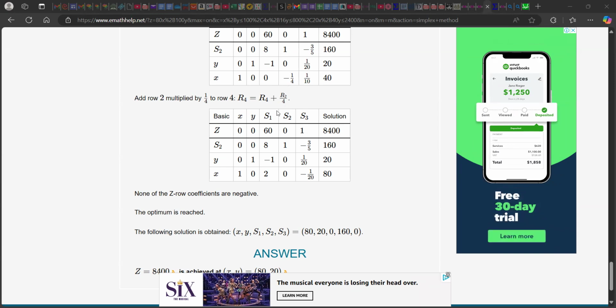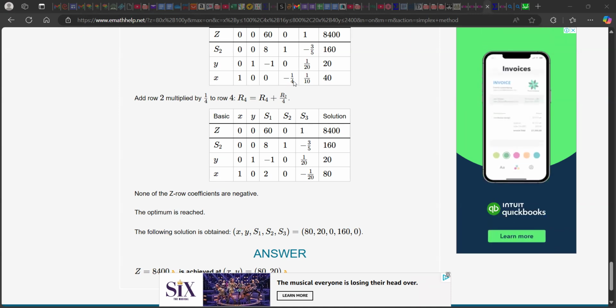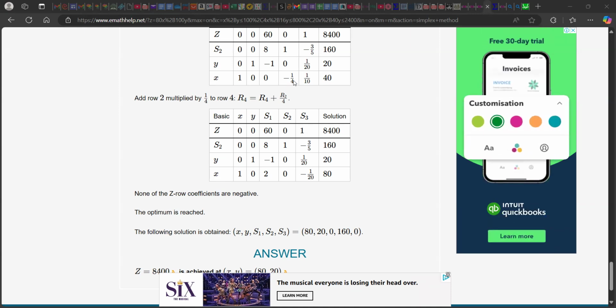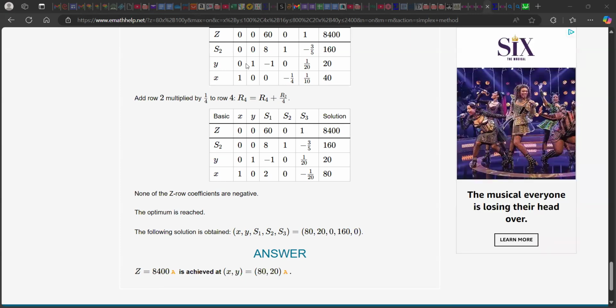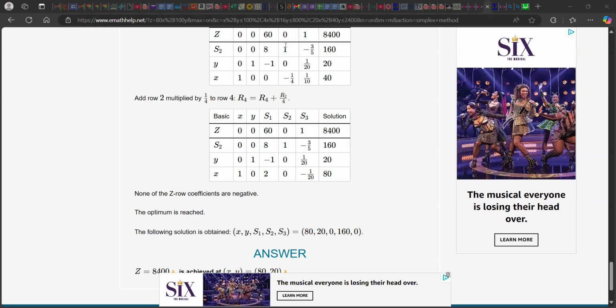Notice what they say. You take row 2, that's this row here, divided by 4, and add it to this.